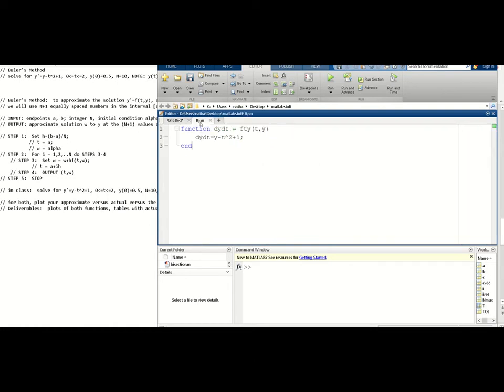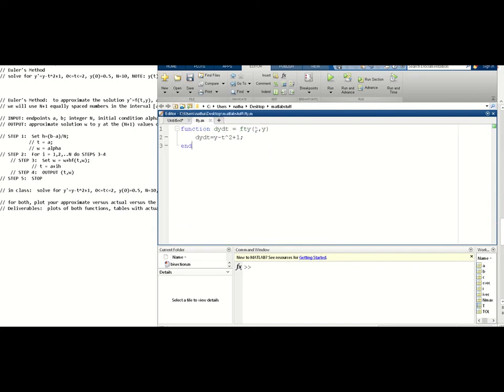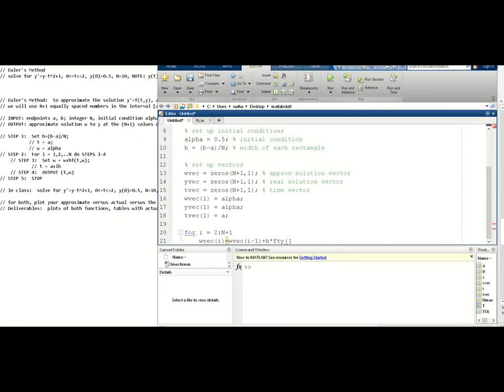And I have this over here, f(t,y), right? So it's going to be f(t,y). And what are we going to pass through? Well, I need to pass through a t value and a y value. And here the t value is going to be the t vector at the i minus 1th location. And the y value is actually going to be the w vector at the i minus 1th location.